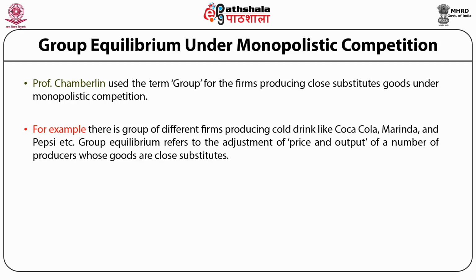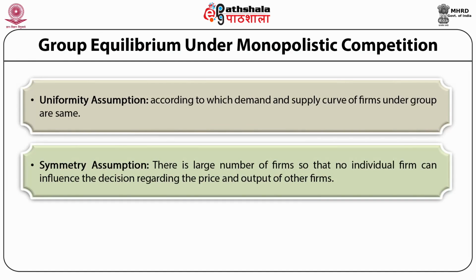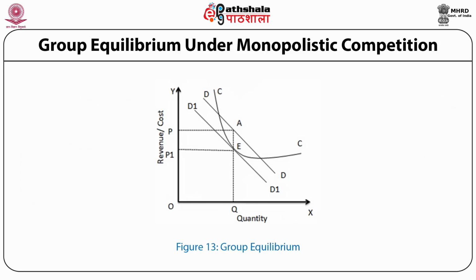To discuss group equilibrium, we consider two assumptions. Uniformity assumption, according to which the demand and cost curves of firms under the group are the same, and the second one, symmetry assumption. There is a large number of firms so that no individual firm can influence the decision regarding the price and output of other firms. Figure 13 explains the group equilibrium.